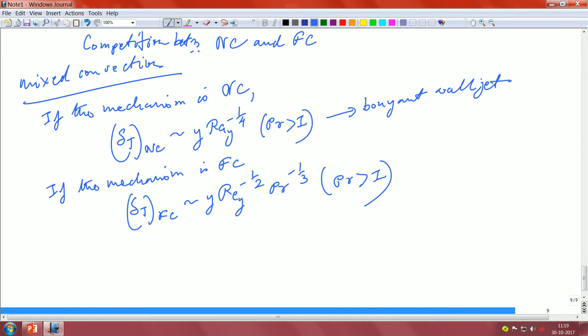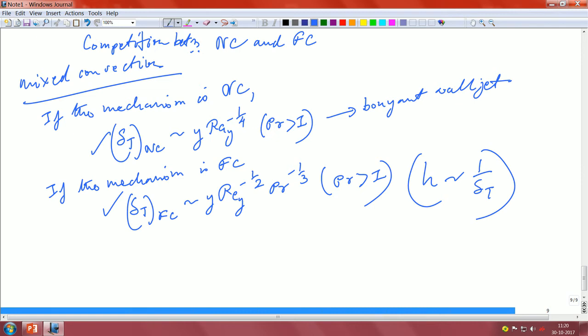So, which one will be the more dominant? That will be given by these two quantities, the two thermal boundary layer thicknesses. Whichever one is the smaller of the two should determine which particular mode is dominant, because if you remember, your heat transfer coefficient H was always dependent as 1 over delta T. So, it is basically the inverse, that means the smaller of the two is going to lead to a higher H with respect to the corresponding mode of heat transfer.